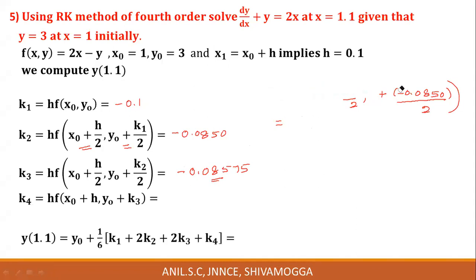Next, we find K4. K4 is given by h into f of x naught plus h, y naught plus K3.